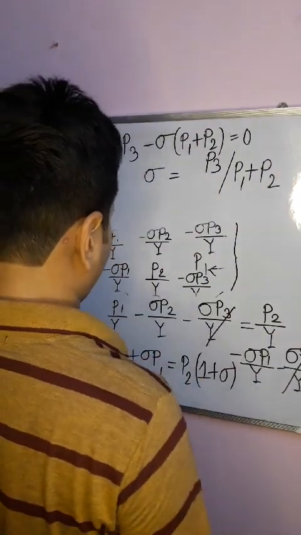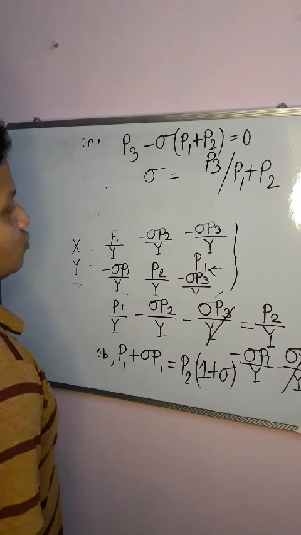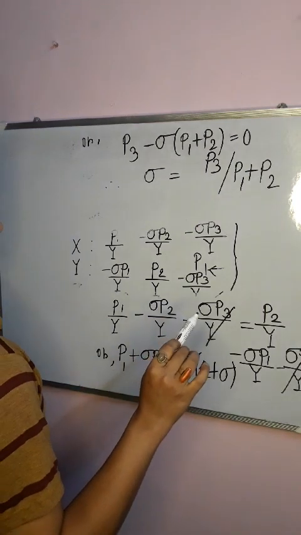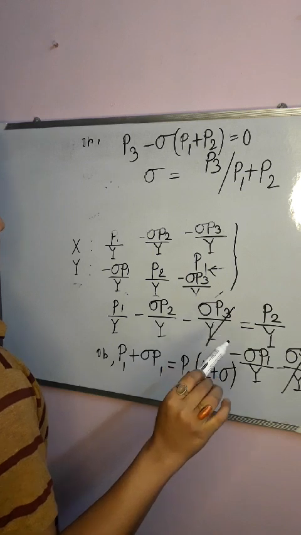So if the strains along the x and y axes are equal, then we will get this: P2 minus sigma.